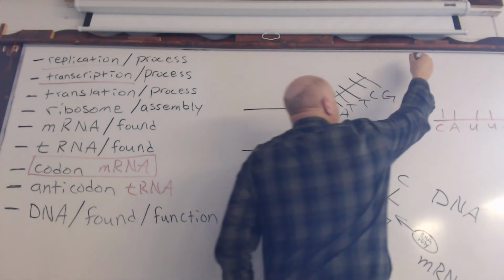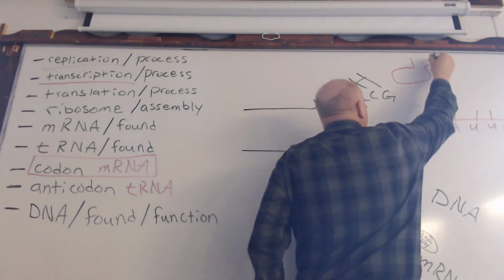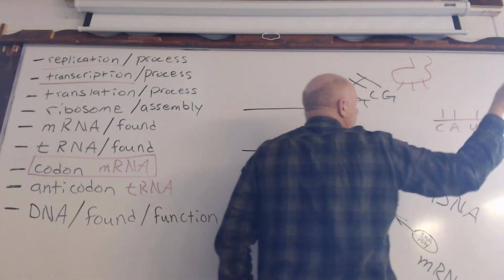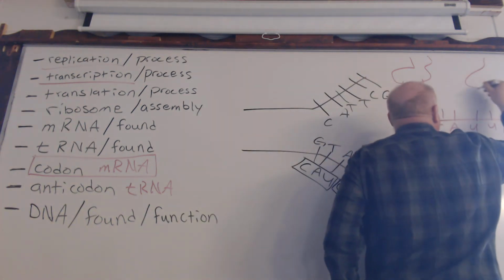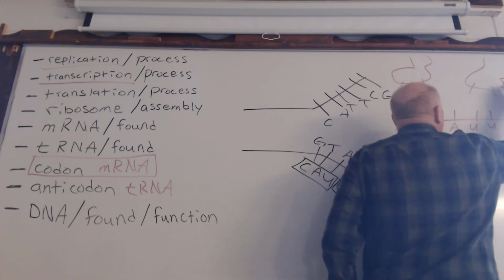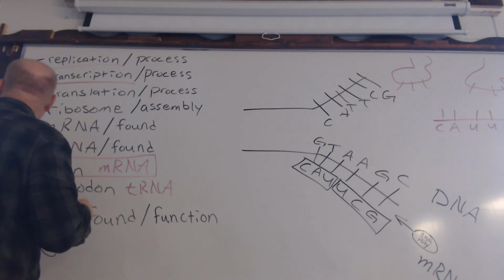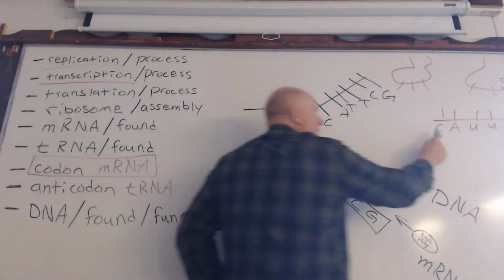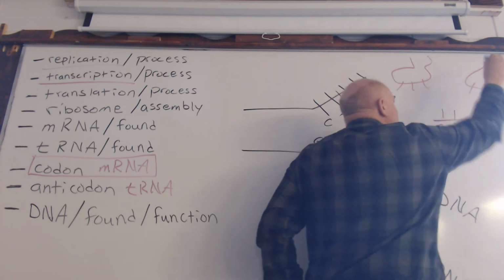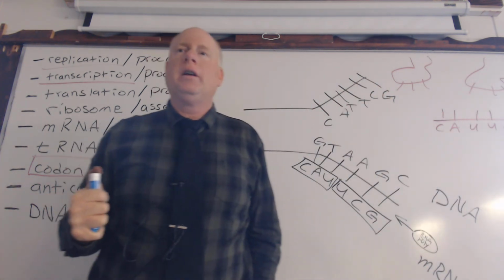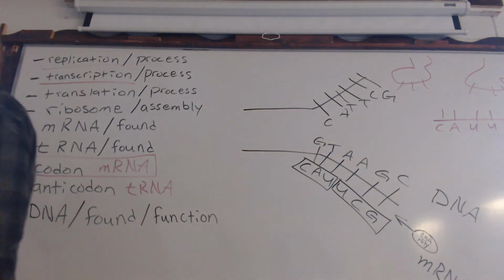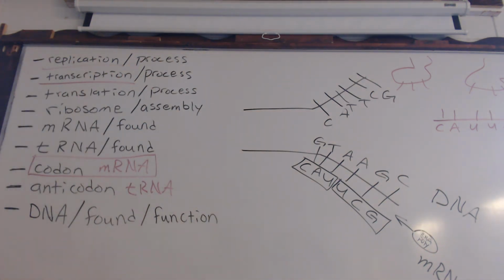So if what I just drew down here are codons, these are anticodons. Well, what does transfer RNA specifically pick up? Amino acids. So how does it know what segment to put them in?